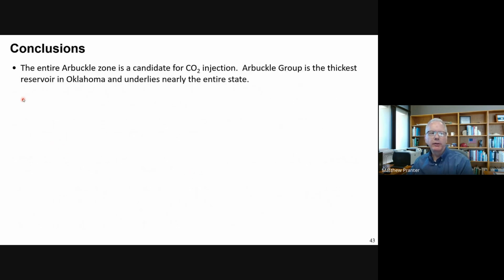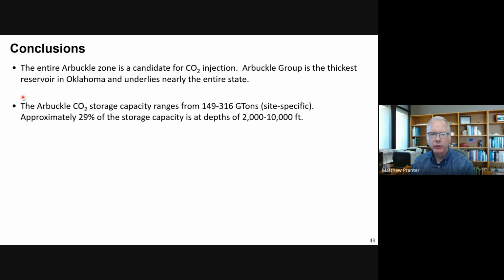So the conclusions for the entire Arbuckle zone, based on this work, is that it is a candidate for CO2 injection. The Arbuckle group is the thickest reservoir in Oklahoma and underlies nearly the entire state. The Arbuckle CO2 storage capacity ranges from about 149 to 316 gigatons using the site-specific efficiency parameters.